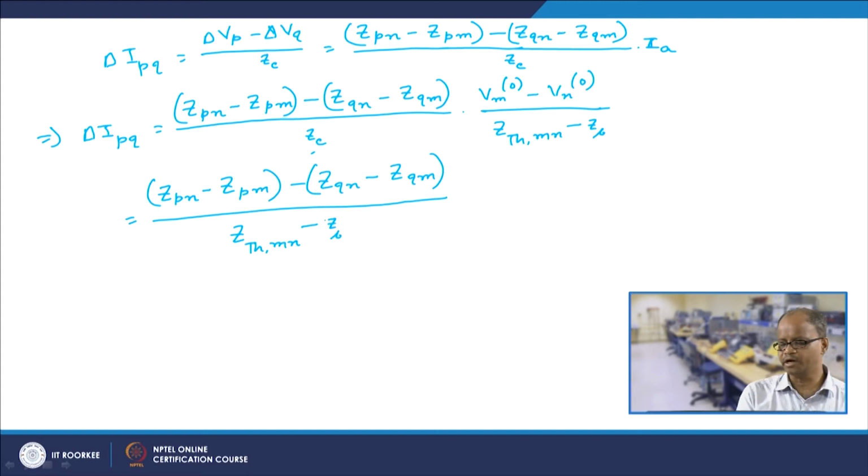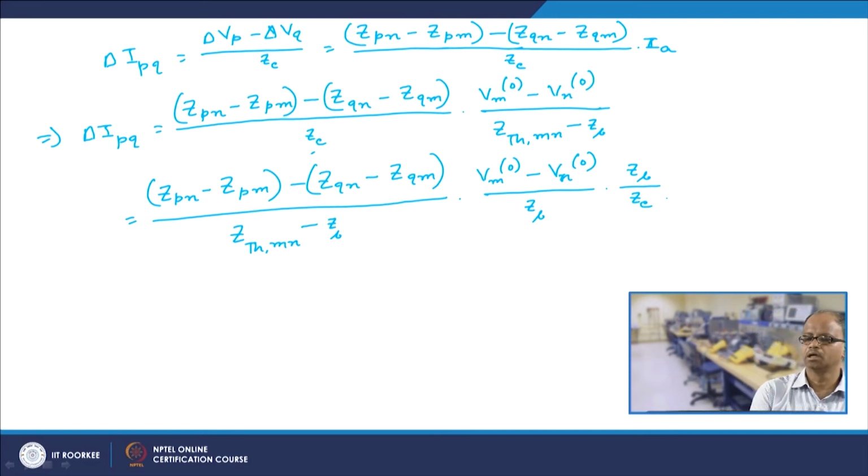We are purposefully writing it as small, and we are doing something with Vm minus Vn naught into Zb by Zb. So, what we have done, we have simply taken it here. This divided by this and this divided by this, we have simply done this divided by Zb into Zb by Zc.